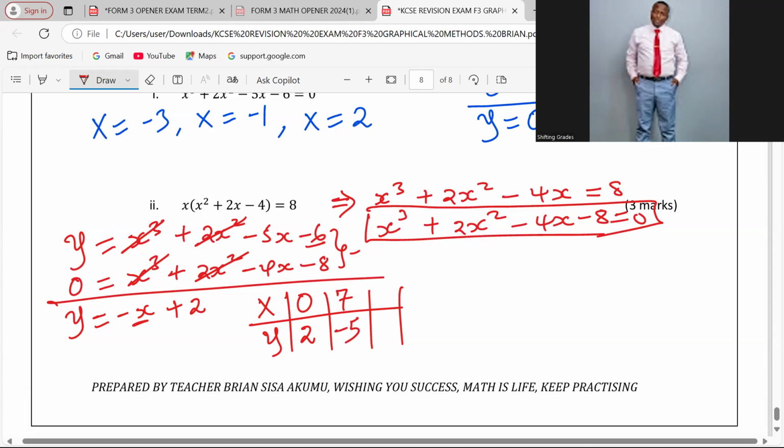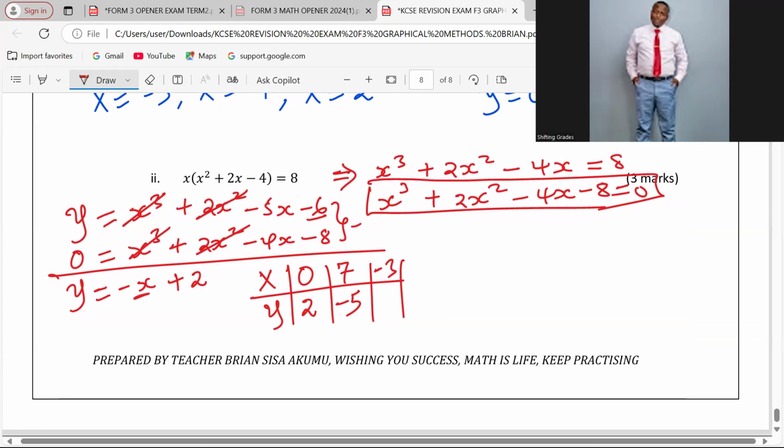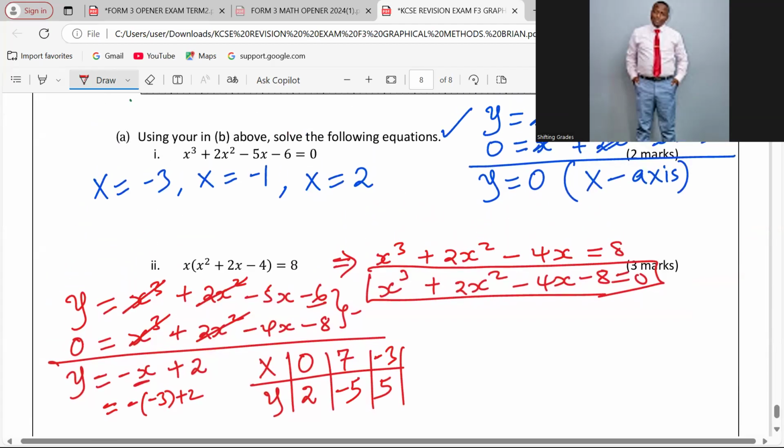Then a value like x being negative 3. It should be negative 3 in the substitution now. Negative the value of x, negative 3, then plus 2. So this will be 5. So 0, 2, 7, negative 5, and negative 3, 5.